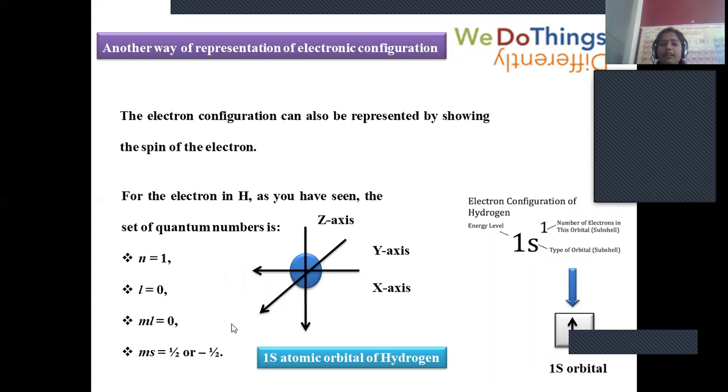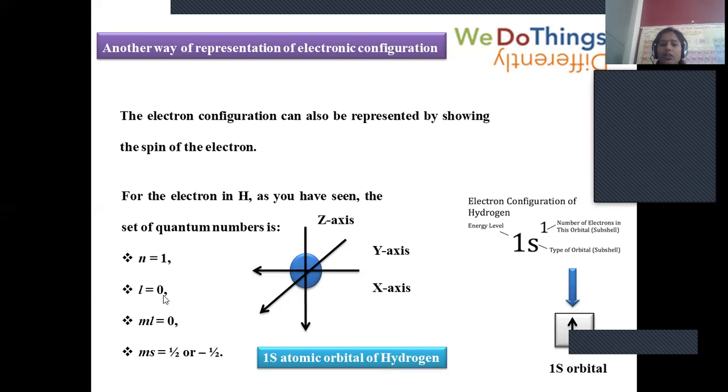Now we are going to write the same electronic configuration in a different way, so that electrons can be filled in the sublevel in this manner too. So here, let us apply all 4 quantum numbers to this hydrogen atom. The principal quantum number is given as 1 because the electron is located in the first main shell. Being an s orbital, this is the spherical s orbital, and the L value is always taken as 0.